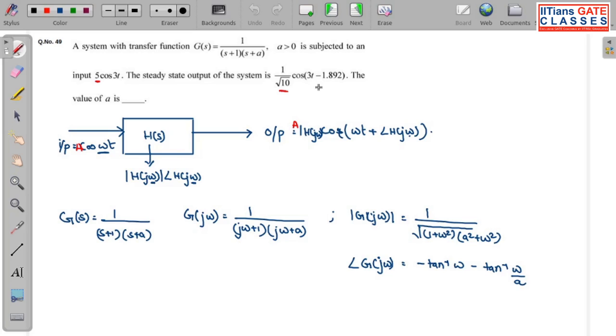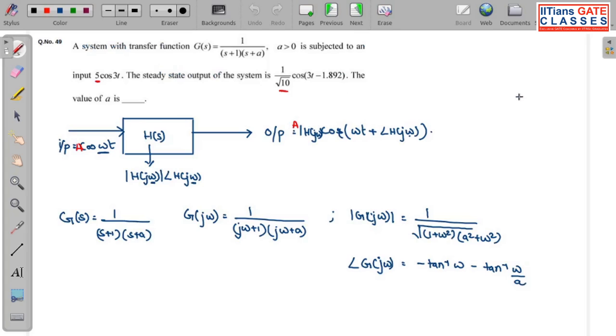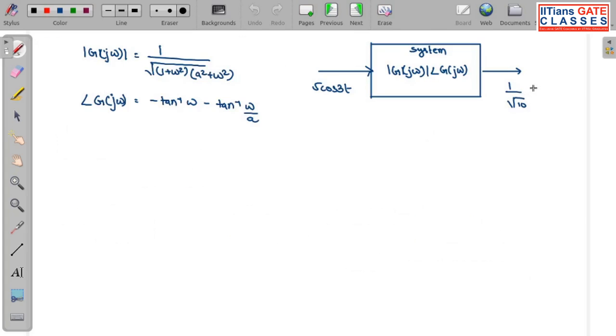It is 5 cos 3t, and the output is 1 by root 10 cos(3t minus 1.892). Fine. Okay, so now this 1 by root 10, tell me, what is it basically?